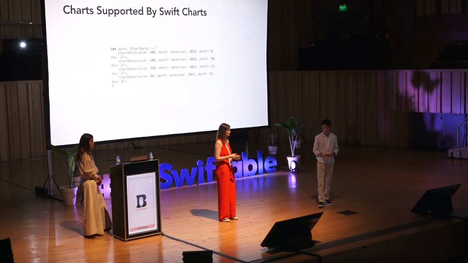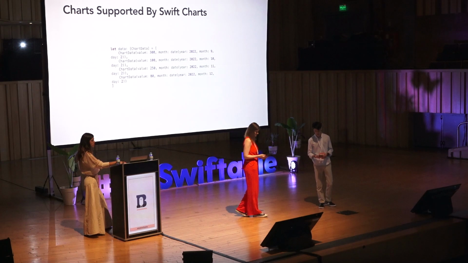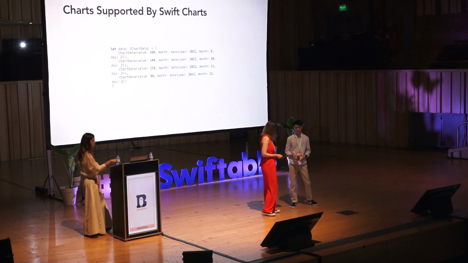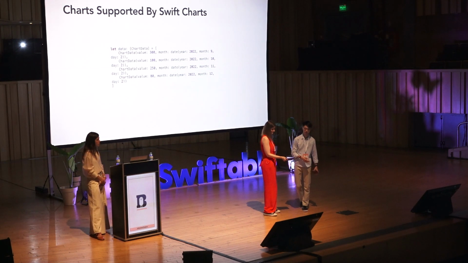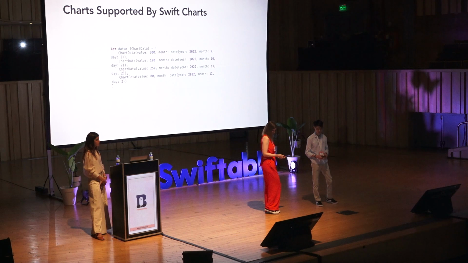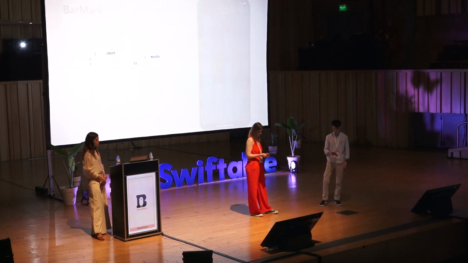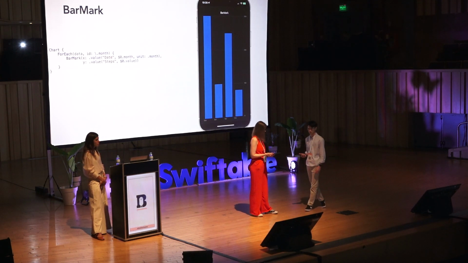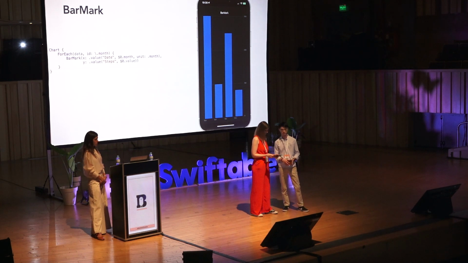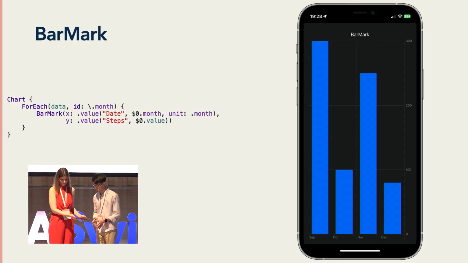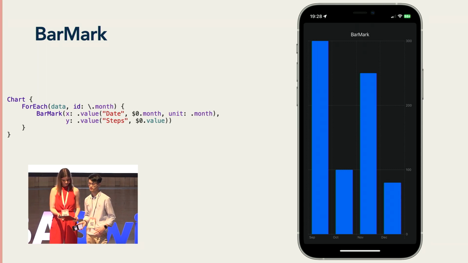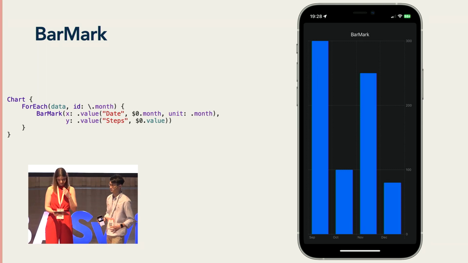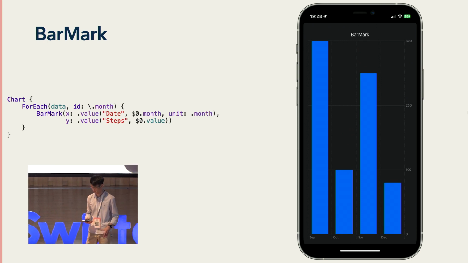And now we have the data set that we have: the month and the amount of steps that some people walked. So the type is the bar mark, that represents bars in a view.